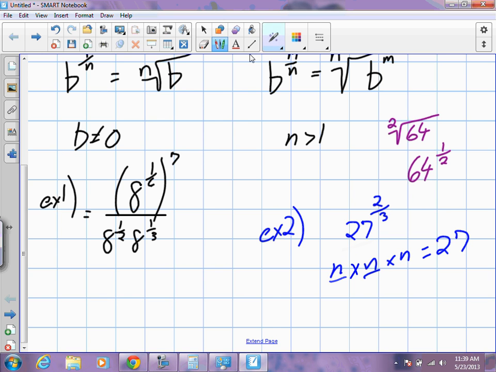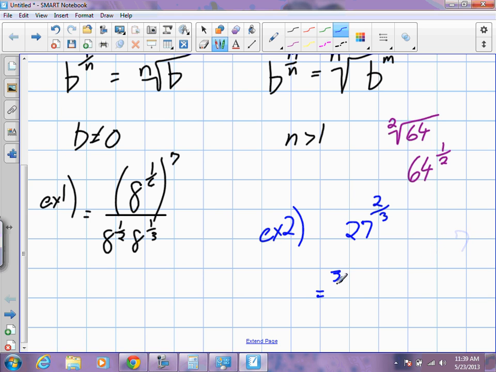So when we go to rewrite this, you get the third root of 27. And like we said, the number on top is a power of 2. I can do 27 to the power of 2 first and then the third root, or I can do it after. I'm going to do it after in this case, because the third root of 27 is a number I actually know.